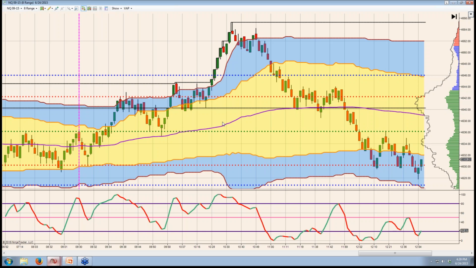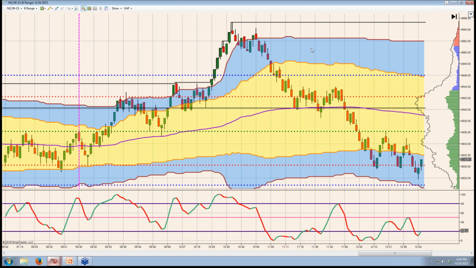The chart that you're looking at here is marking our fair value areas and our high value area and our second high value area. The yellow is our fair value areas. This orange line here is the first low value area. This brownish line is the second low value area. And then up here, we have our first high value area, second high value area.